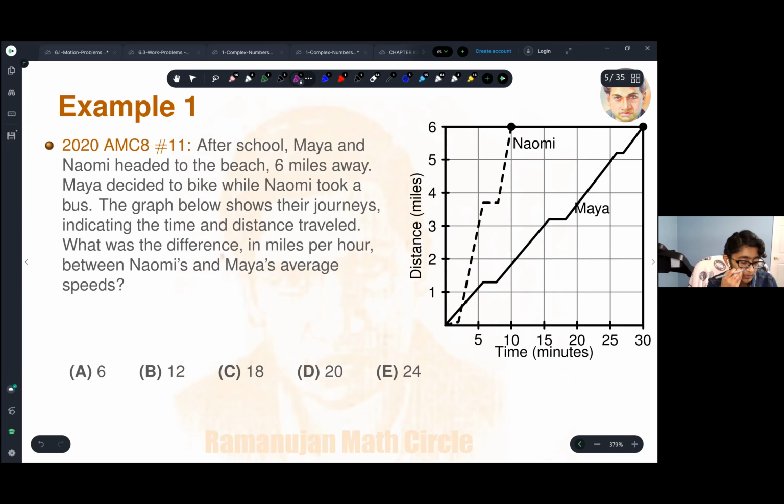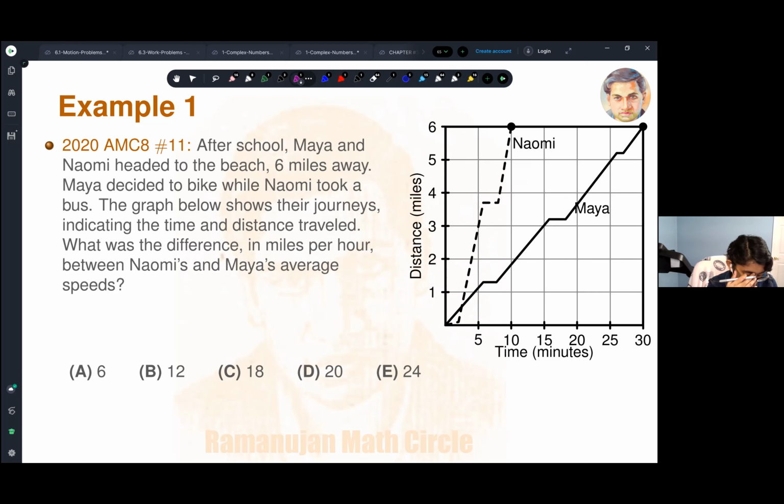So let's look at an example related to speed. I'm going to read this. You can have some time to solve it, and then we'll come back and discuss. After school, Maya and Naomi headed to the beach 6 miles away. Maya decided to bike while Naomi took a bus. The graph shows their journeys, indicating the time and distance traveled.